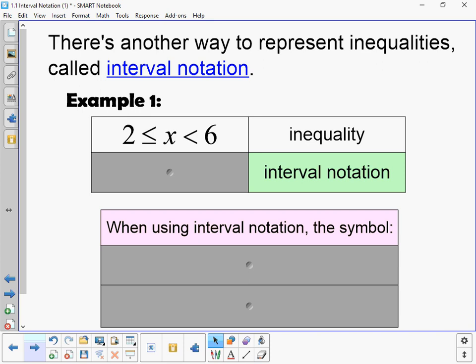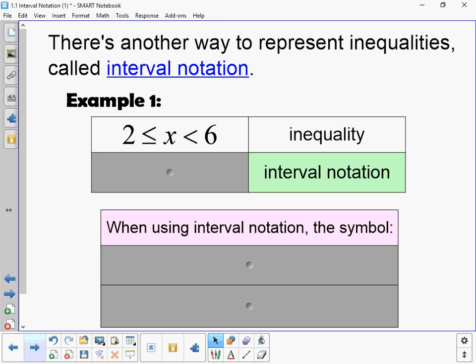It communicates the same information as an inequality, it's just a different way of writing it. Sometimes it's easier to use inequalities, sometimes it's easier to use interval notation, so we like to make sure that you know both types of notation. It's like speaking French and Spanish. If you know both languages, you can communicate with more people.